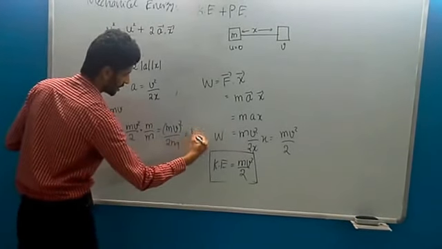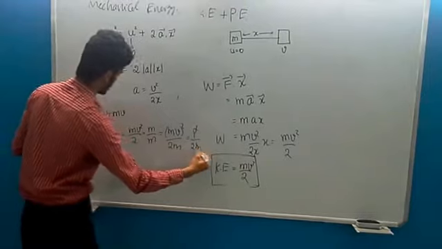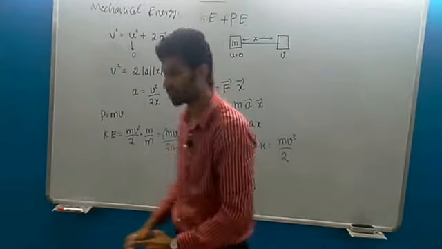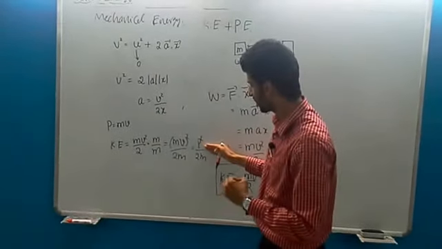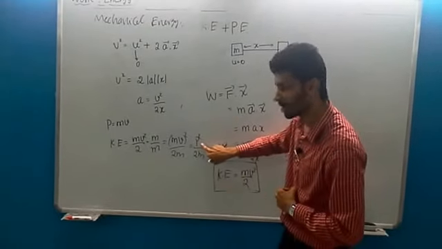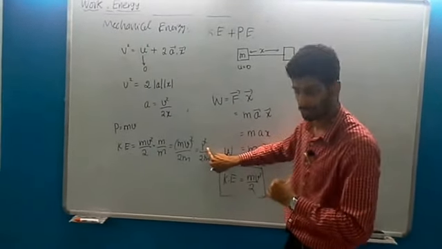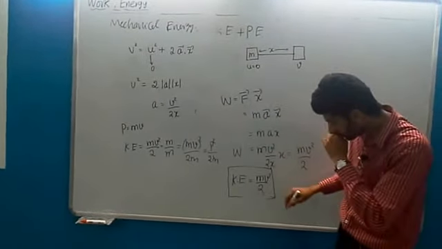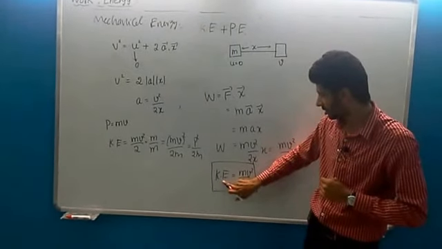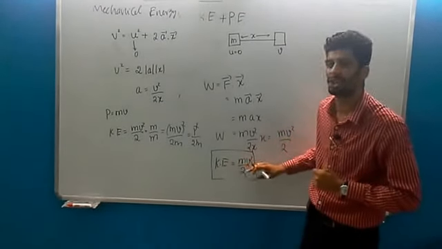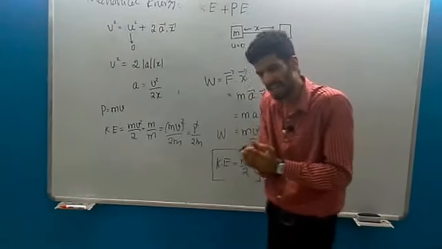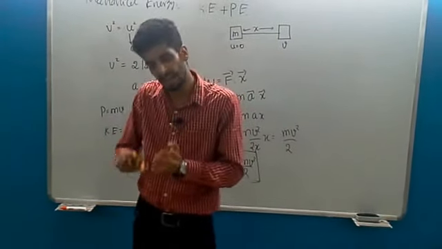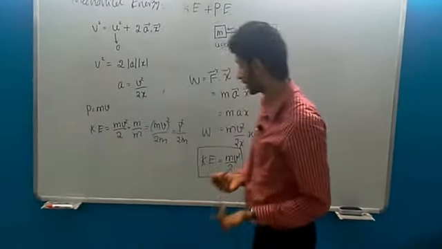So it is P square by 2m. So kinetic energy is directly proportional to the square of the momentum. Kinetic energy is a measure of mass and velocity. If the body is moving with a greater velocity, it will have greater kinetic energy.